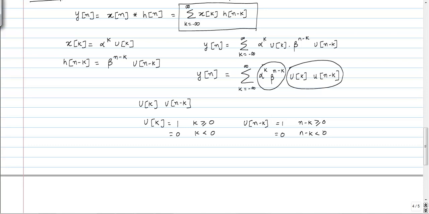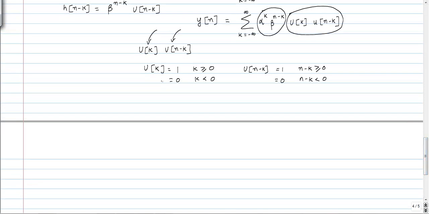Each one of these functions takes either the value 1 or 0 depending on n and k. What we're going to do is figure out when this function is non-zero. For a fixed value of n, what is the range of values of k for which this function is non-zero?